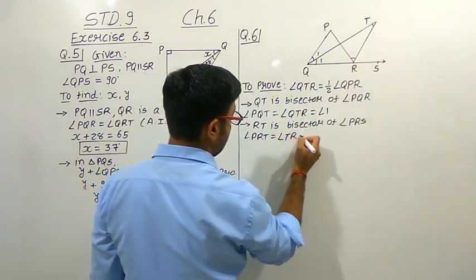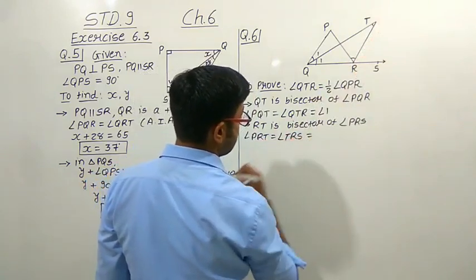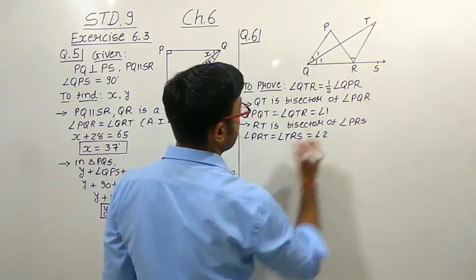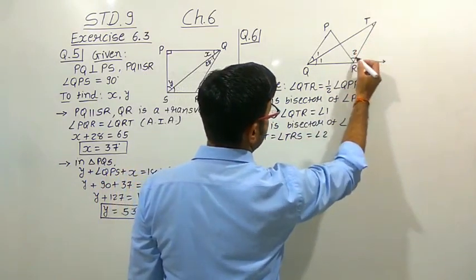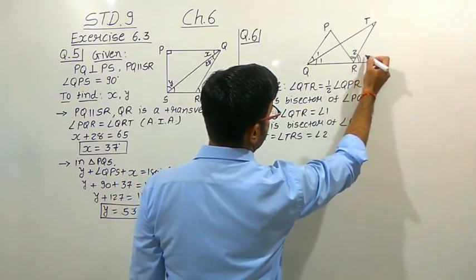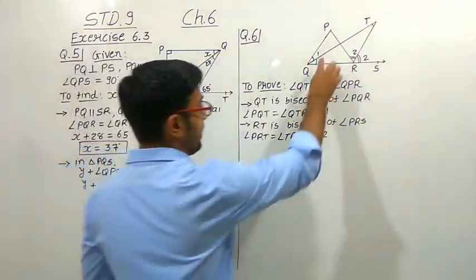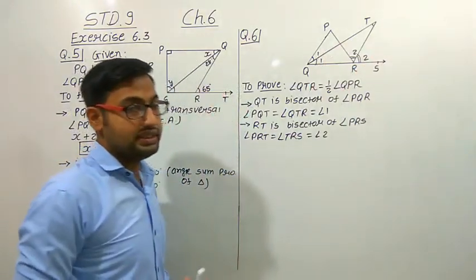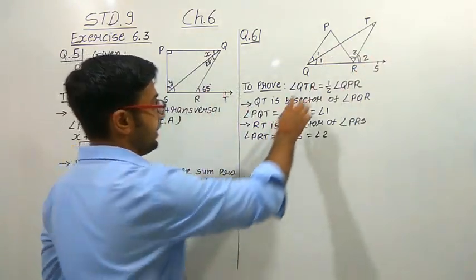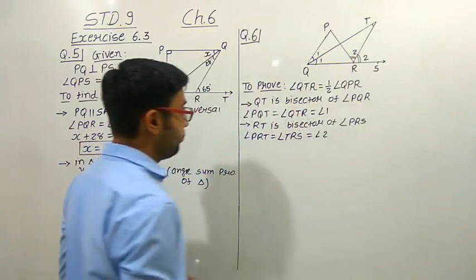Let us take it as angle number 2. So if this is angle number 2, then this angle will also become angle number 2. Right? Why are we taking angle 1 and angle 2? Because it is easy to understand if we take them as angle 1 and angle 2.